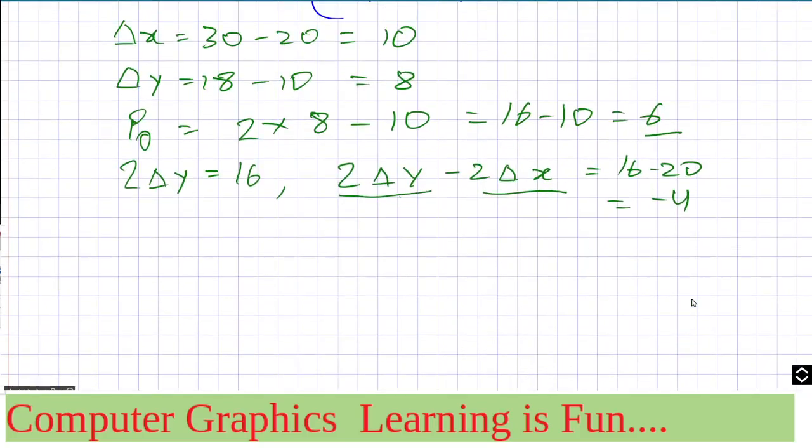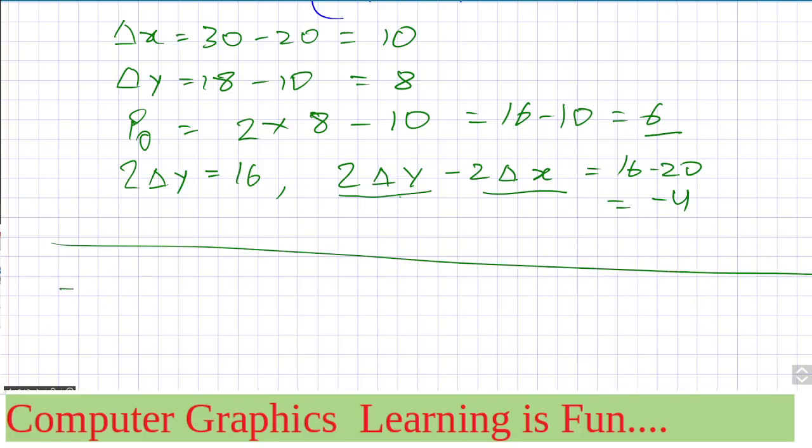Okay, now you have these things. Now it is better to prepare a table. So in this table you have the iteration number, then your pk. Initially k was 0, so p0 was 6.